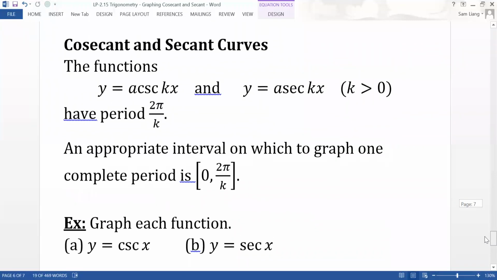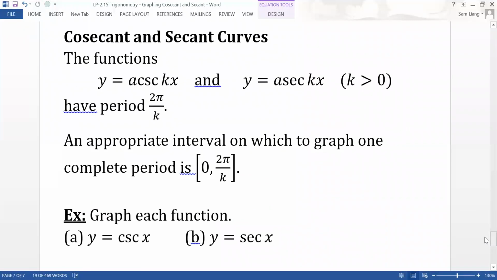All right, next part of the graph, we're going to talk about the curves. So those were the properties of cosecant and secant. Cosecant and secant have periods of 2 pi, and you know where the asymptotes occur from the last slide. Here we're going to talk about the graphs. The functions y equals a cosecant kx and a secant kx, given that k is greater than 0, have period 2 pi divided by k. Just like sine and cosine, 2 pi divided by this coefficient k.